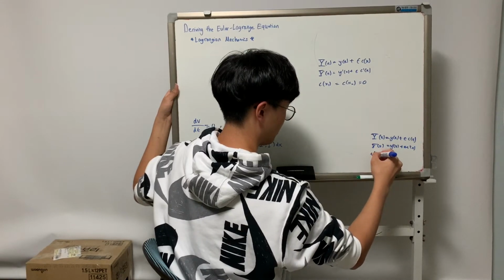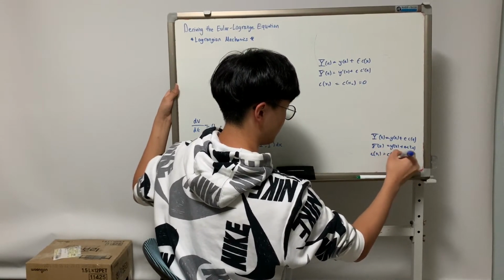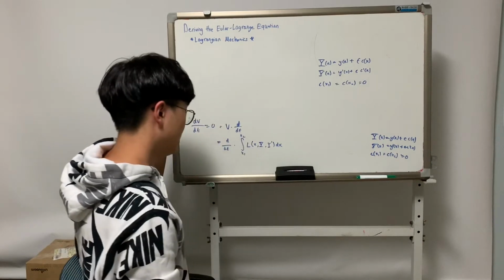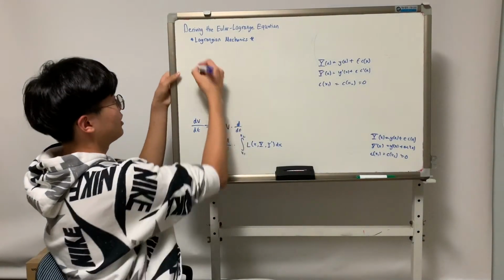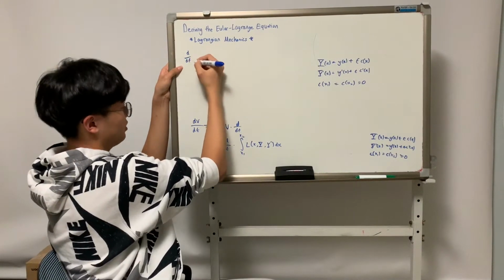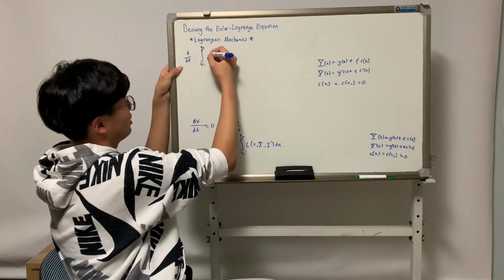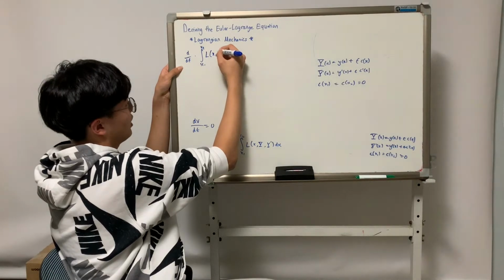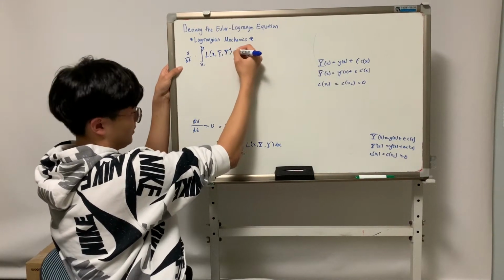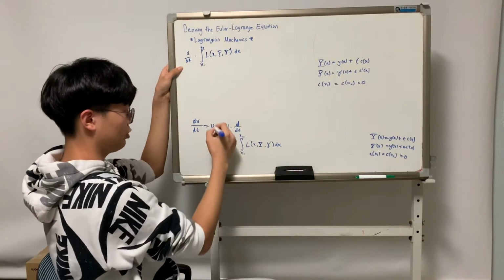And c of x1 is equal to c of x2 equals 0. All right. So we have this expression over here: d over d epsilon times the integral from x1 to x2 of the Lagrangian L of x, y, y prime dx, and that's going to be equal to 0.